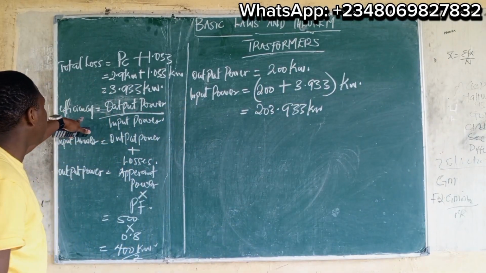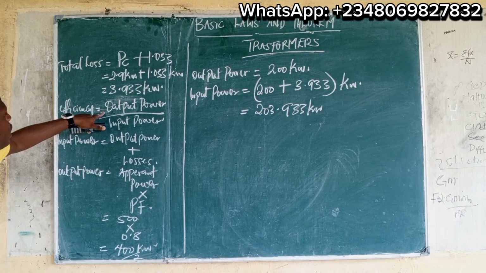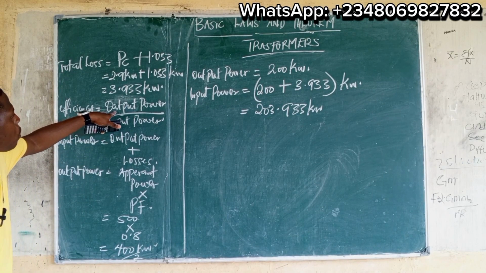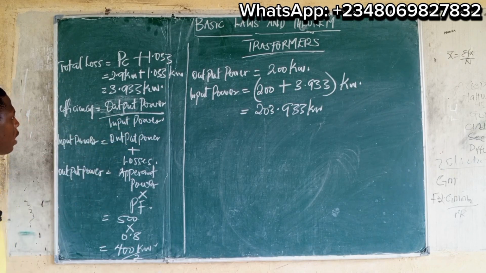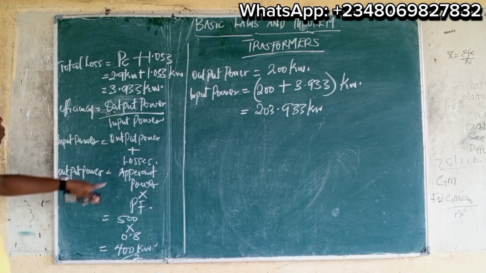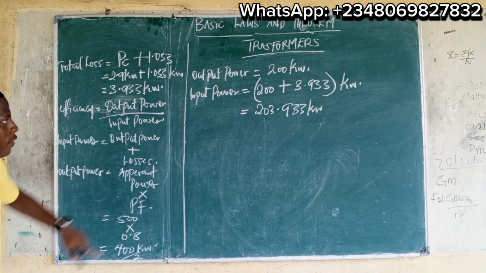What is the next thing? The next thing is to calculate our efficiency. We know that efficiency is equal to output power divided by input power. We know our output power to be apparent power times power factor.